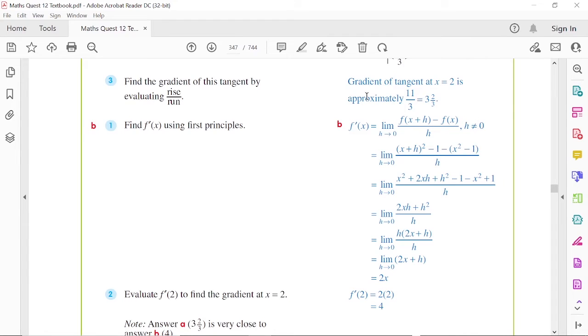So what we do then is we have that function, which was x squared minus 1, so f of x is equal to x squared minus 1. And the first part of our first principles is f of x plus h, which is wherever we see the x, we replace it with x plus h.